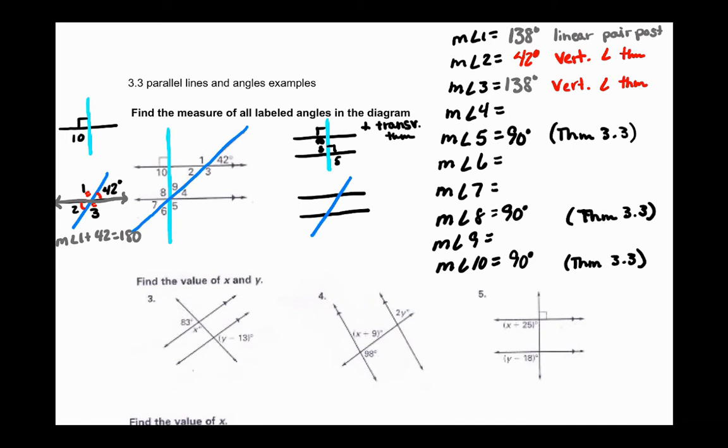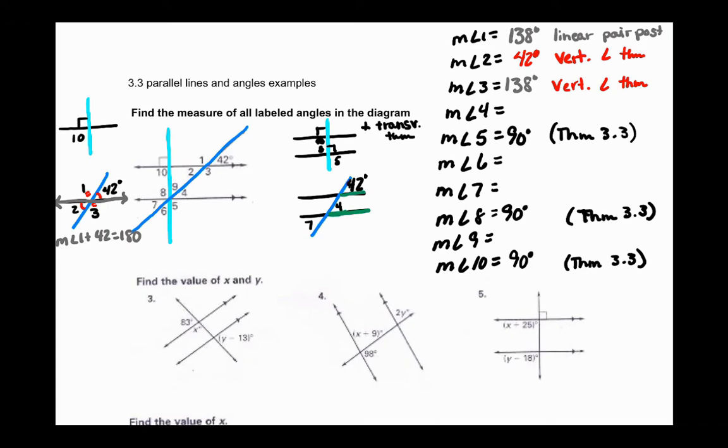In the other transversal, we have the 42 degree angle. We've already found angles 1, 2, and 3, and then that transversal with our second grouping makes angles 4 and 7. So angle 4 with the 42 degrees are both on the left side of the transversal, and they are both above their parallel.